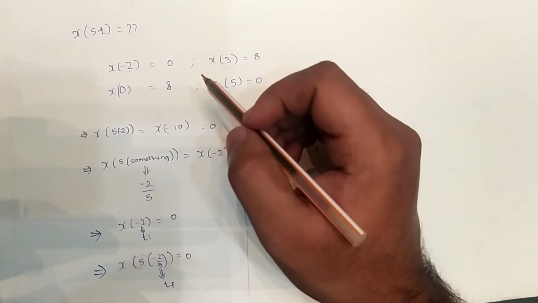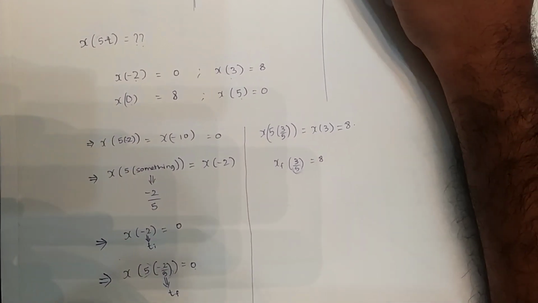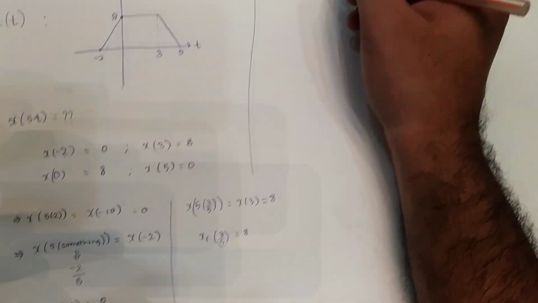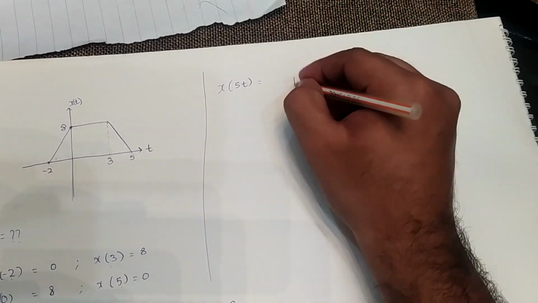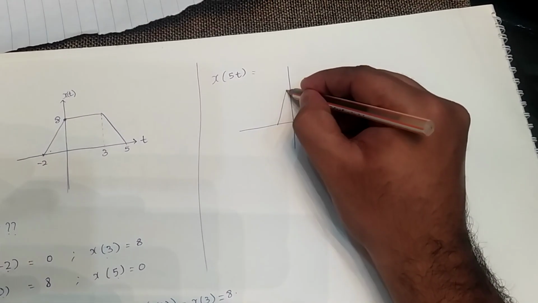5. So if we plot this again in that x of 5t graph, it is going to look like this only. The shape is not going to change.